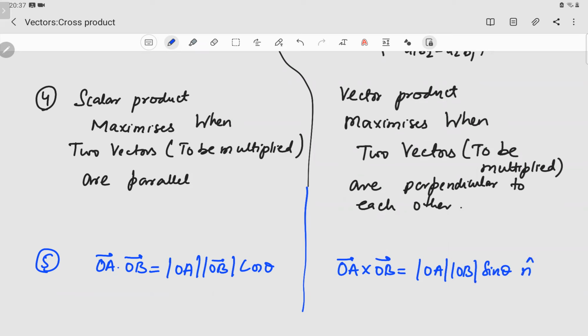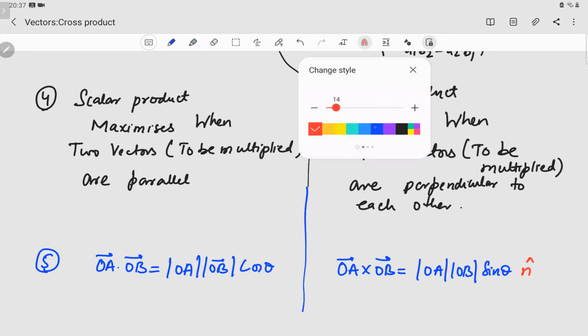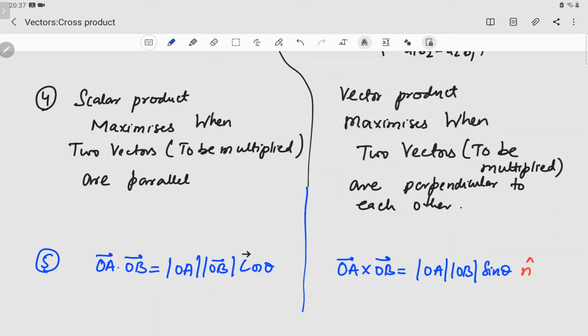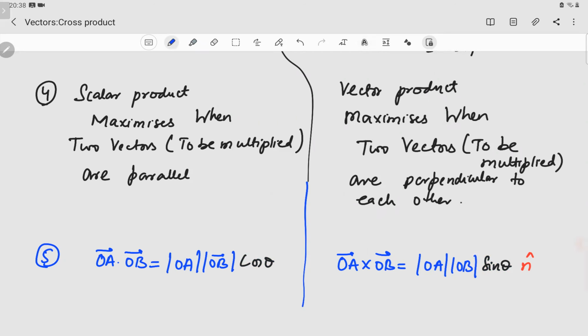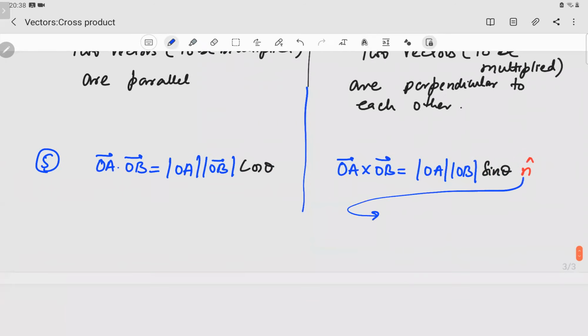And with this a unit vector, there are two differences. One is this difference of cos theta and sin theta, and another difference is of this n vector. n is a unit vector perpendicular to the plane containing OA and OB.